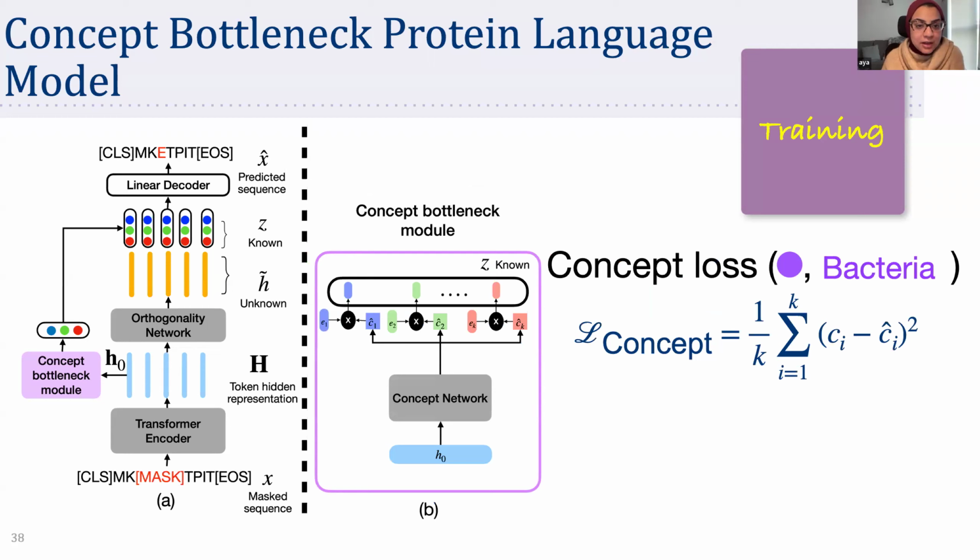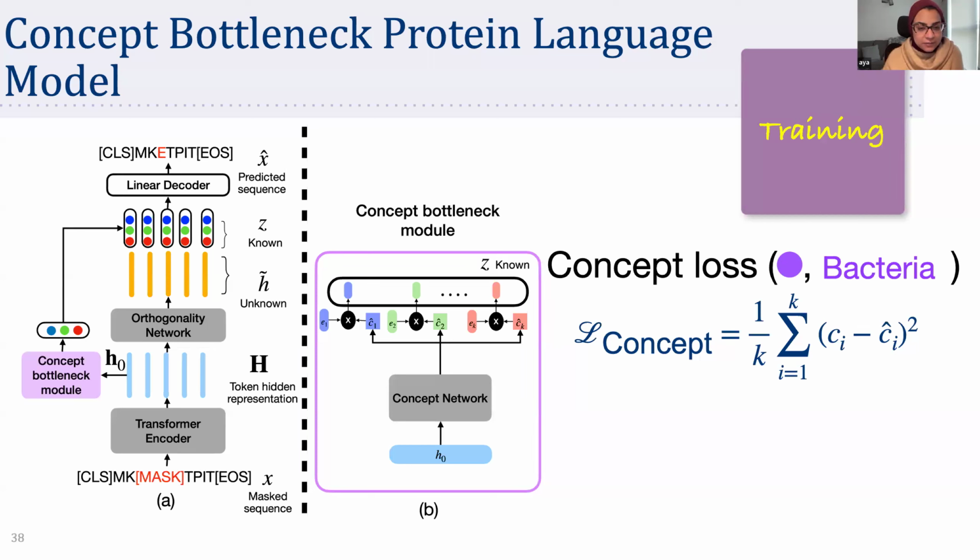But now let's look into the module that I called the concept bottleneck module. What does it do? It takes H0, which is the CLS token, and makes a prediction for every single concept here. Every color represents a different concept.